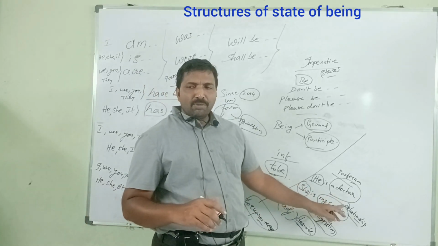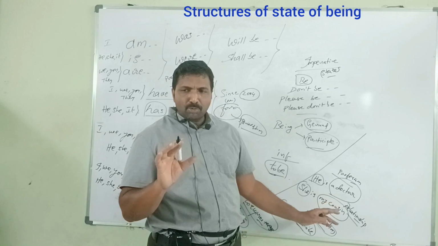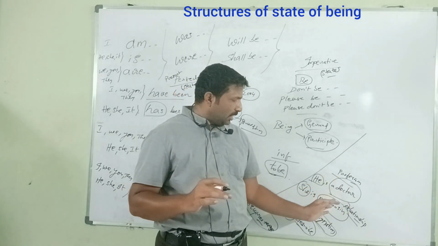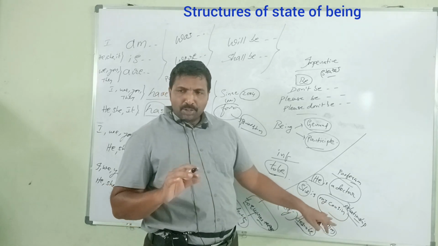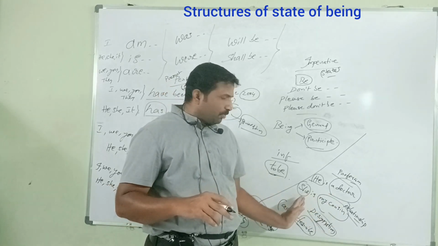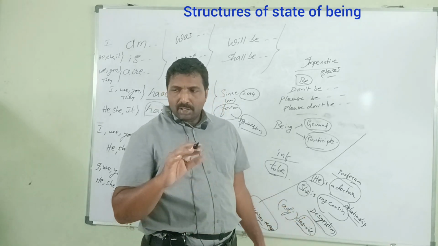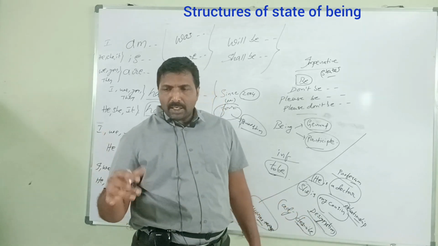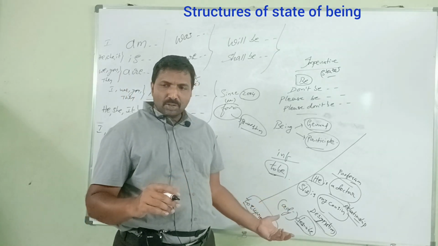The noun doctor is giving some information about Anil. She is my cousin. My cousin, the noun, is giving some information about she. Again, designations. Mohan is an RI. An RI, the designation, is giving some information about Mohan.